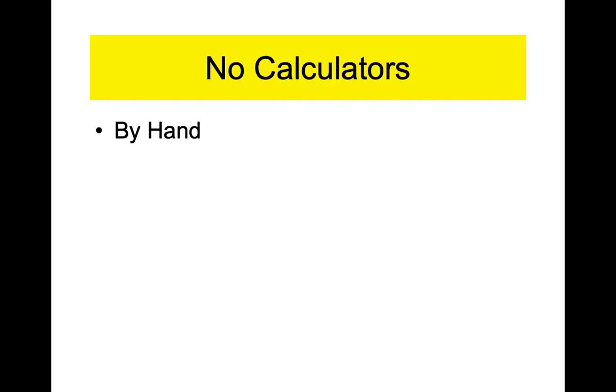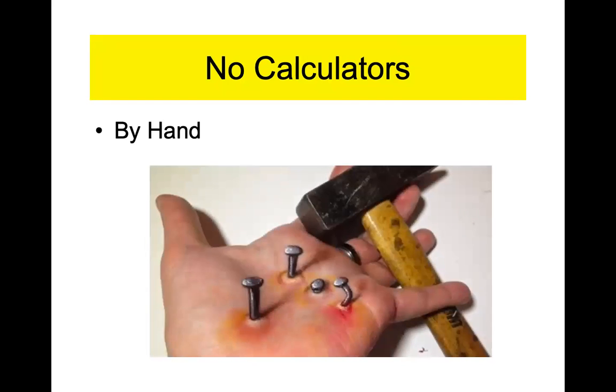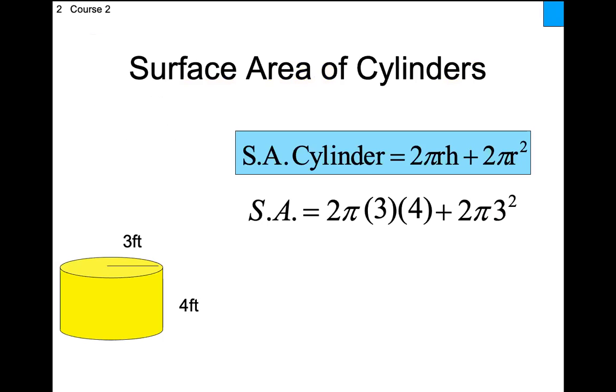Now, here's the deal. We're not going to be doing this by hand tonight for homework, but you might be asked to do this calculation by hand. And it's painful doing it by hand, right? It's painful because of this pi right here. So if you're ever asked or forced to do this by hand, don't multiply by pi until the last step, or second to last step, I should say.